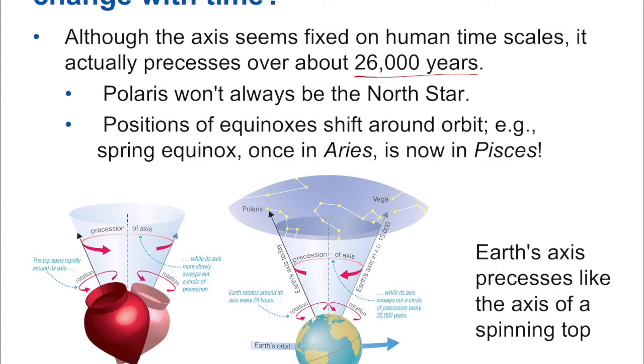So effectively, a full 26,000 year precession happens with no appreciable star movement. Okay, it's the difference between tens of thousands of years and hundreds of millions of years, or at least tens of millions of years, right? Okay. But this idea of precession definitely affects the constellations, all right?